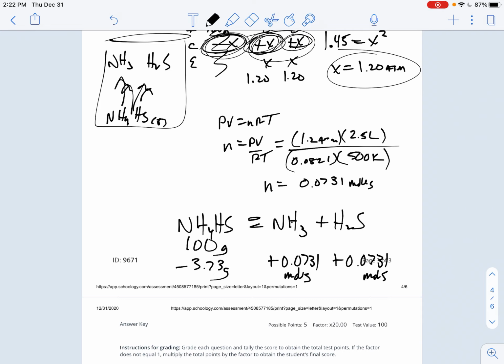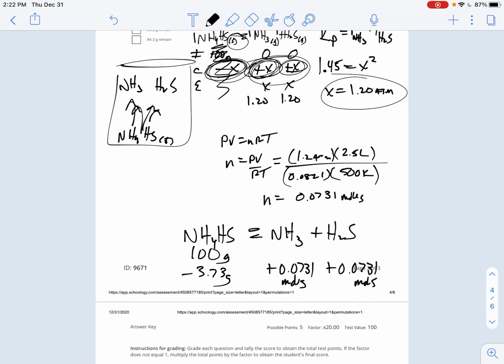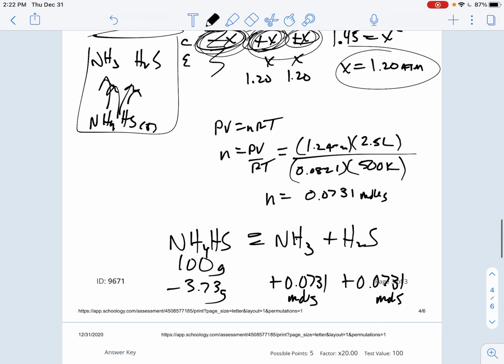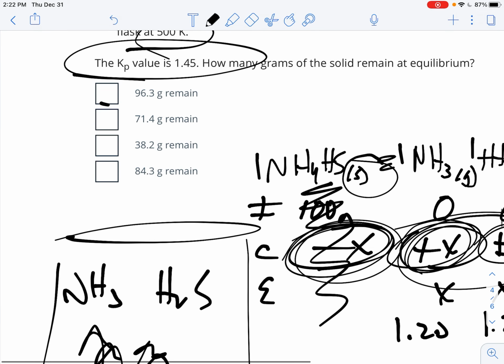Keep in mind, I started with 100 grams, and then I lost the 3.73 grams. So what does that mean? That means I ended up with about 96.3 grams that were left over. So 96.3 grams that were left over.